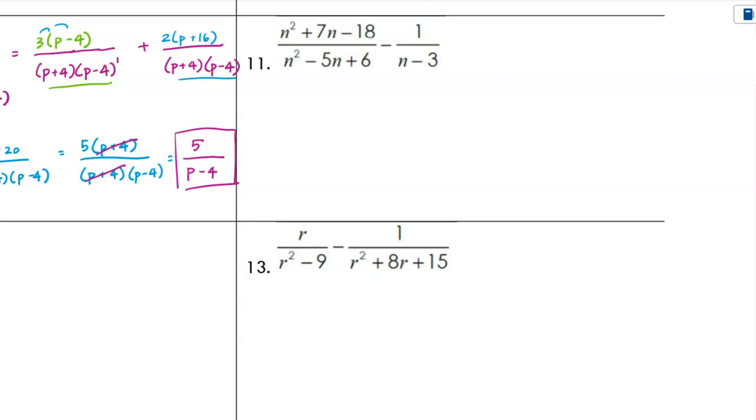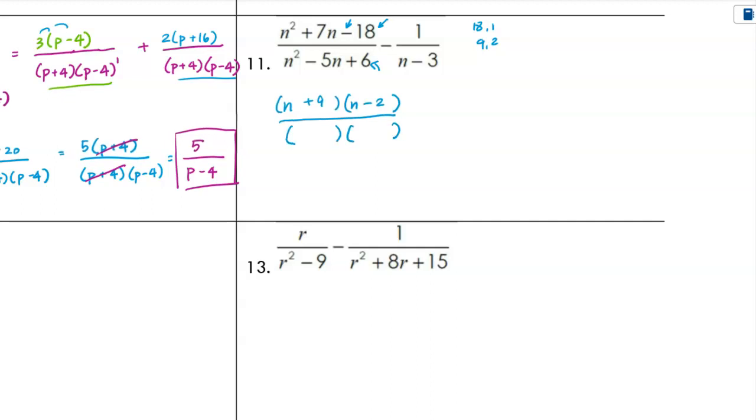So number 11, okay, I see that we have a trinomial here in the numerator, we're going to factor. That sign right there tells us that these are going to be different. Split the ends. Factors of 18: 1 and 18, 2 and 9. When you subtract them from each other, you have to get that middle term, positive 7. So I know that 9 goes there and 2 goes there.